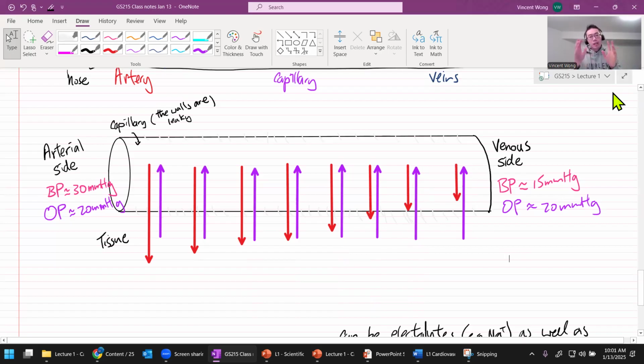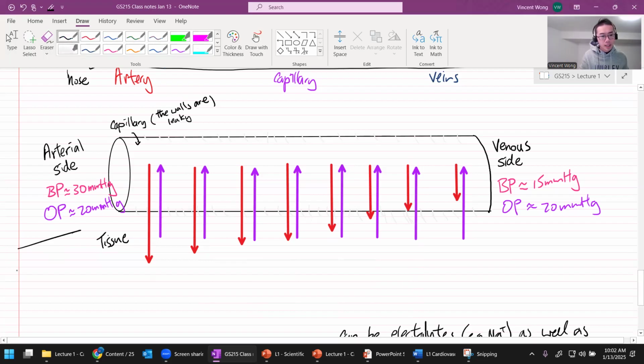The blood pressure and the osmotic pressure basically are opposing forces that work against each other. Blood pressure is pushing fluid out, and on the other hand, OP is bringing it back in. And it's a tug of war between the two forces. Whichever force ends up being stronger is going to have the dominating effect. So on the arterial side over here, you can see, here I'll write down for you.